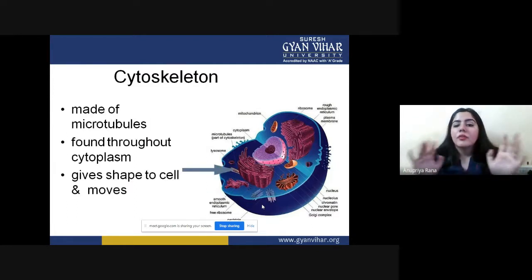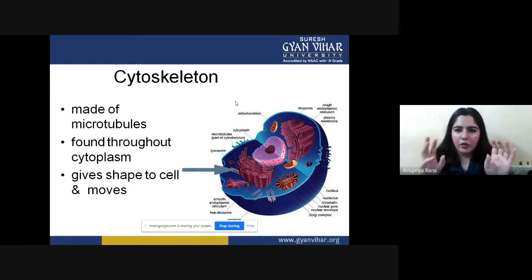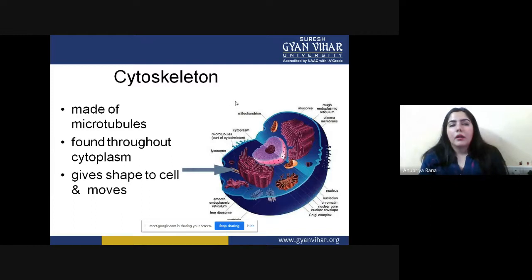Now the cytoskeleton is made up of microtubules, small tubule-like structures which form the whole cytoskeleton of a eukaryotic cell, found throughout the cytoplasm, not in a particular place. Basically, they give the cell its shape. Like the ER, they are also responsible for giving shape to the cell.